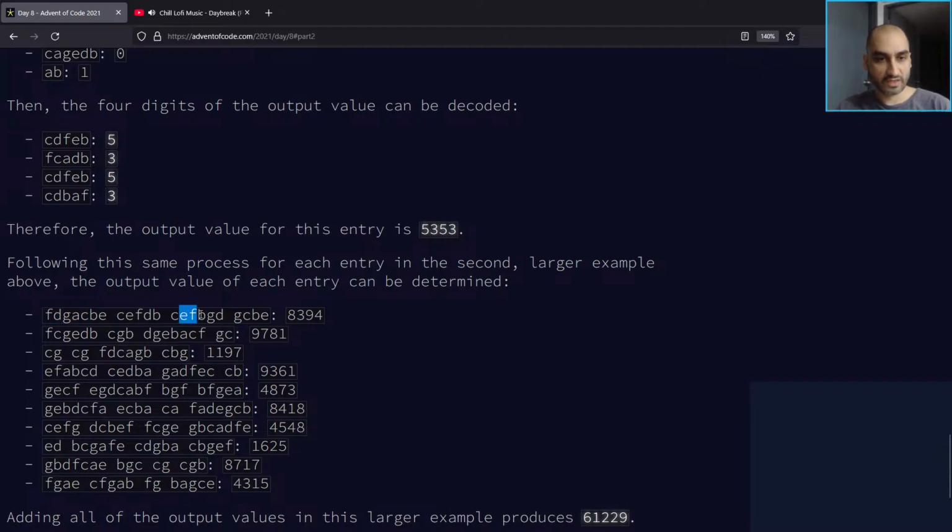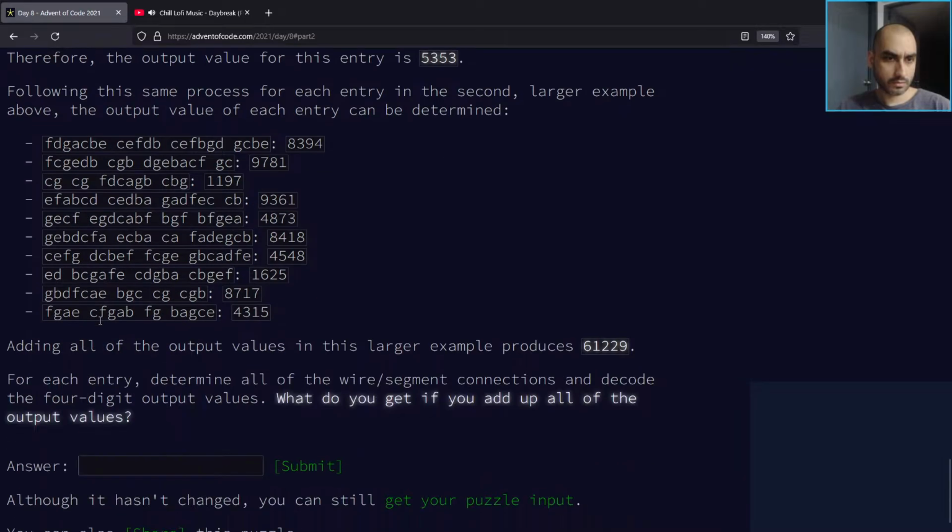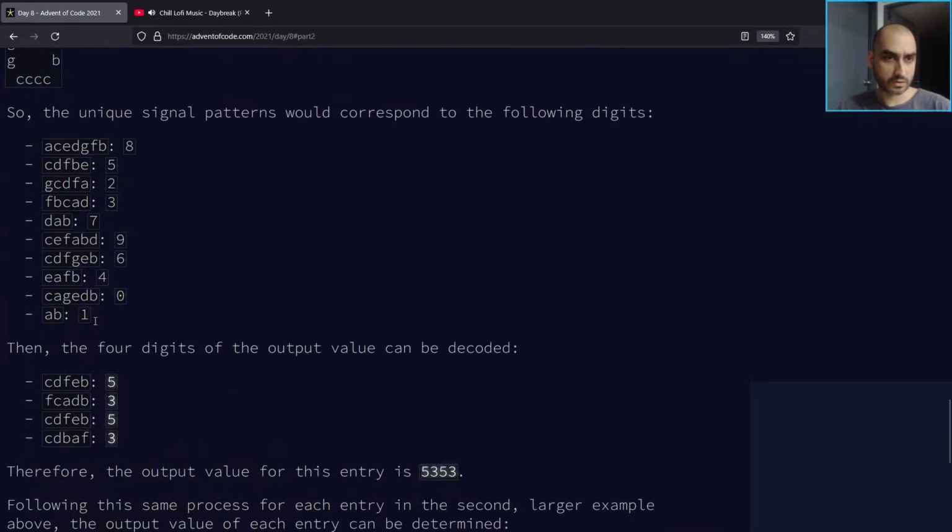Why do they not give it in alphabetical order? Does the order matter? I don't think it does. So it's equivalent to saying A, B, C, D, E, F, G, isn't it? Should be. So we have to order them.